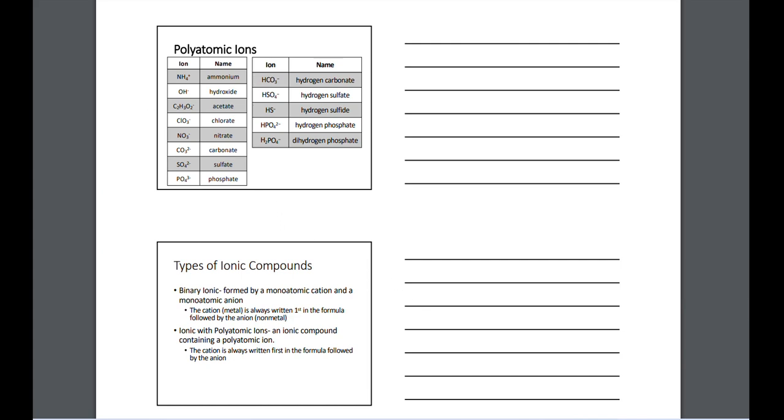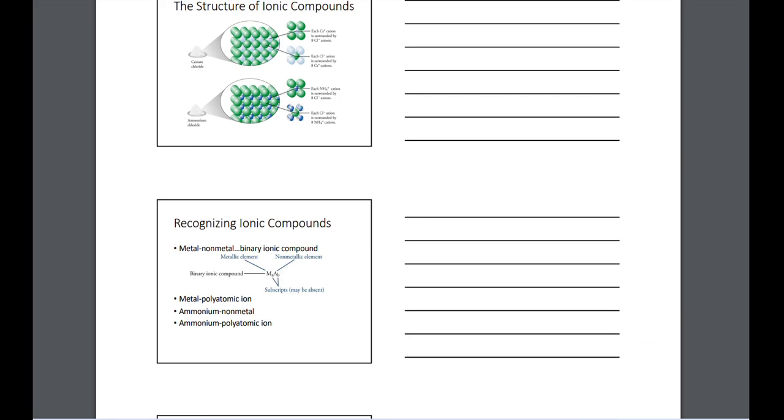When you're trying to name those, you will just use the name of the ion straight. If it is OH, we'll just call it hydroxide. If it is C2H3O2, we'll call it acetate, then chlorate, nitrate, carbonate, etc. That's why you need to memorize those names, and also, most importantly, the charge above those polyatomic anions, because you will need it. In the first exam, you don't have to worry about it.